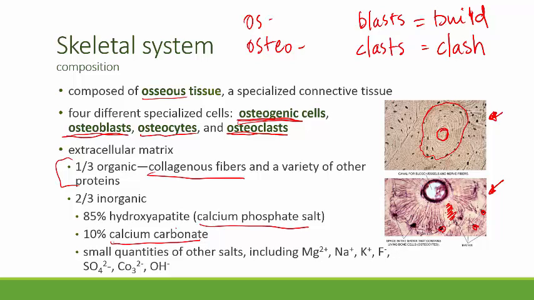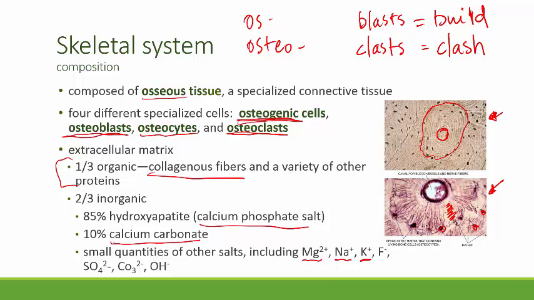We'll see that a function of the skeletal system is to store up mineral content for the body. Primary minerals are calcium, phosphorus, and carbonate ions. And then lots of other salts, including magnesium salts, sodium salts, and potassium. Na plus means sodium.